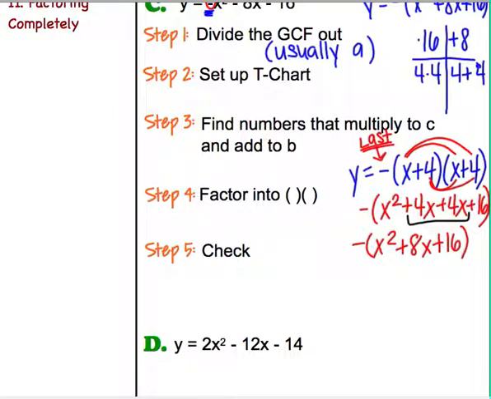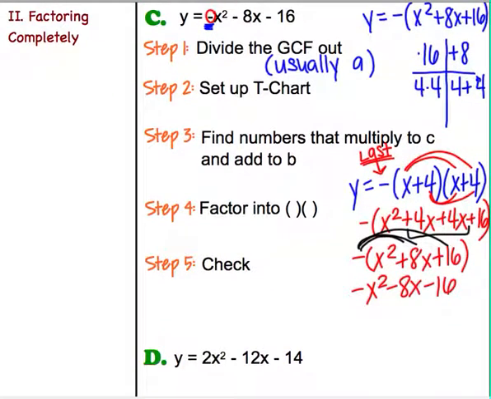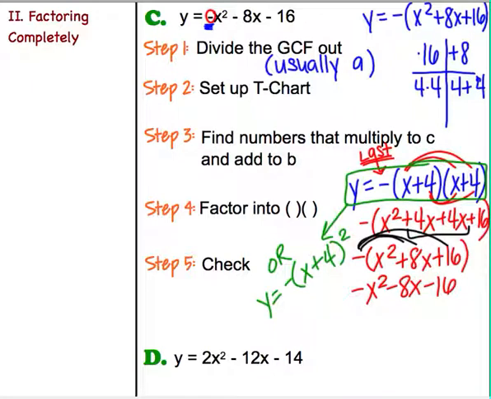And then I can distribute that negative through, which does give me negative x squared minus 8x minus 16, which is what we started with, as you can see up top here. Therefore, this is my final answer. You could also have y equals the negative of x plus 4, the quantity squared, because that would be an even simpler version and much neater and cleaner.